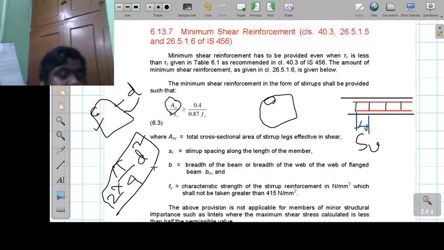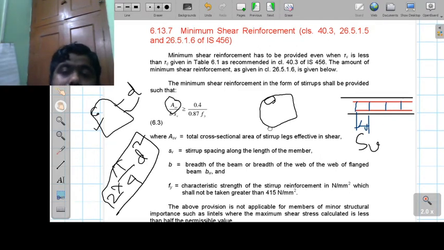Okay, now if you refer to clause number 40.3 of the code book, it is mentioning when to provide the minimum shear reinforcement. Minimum shear reinforcement will be provided when the nominal shear stress is less than the design shear stress, that is the tau c given in table number 19.